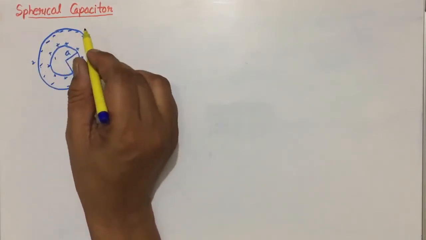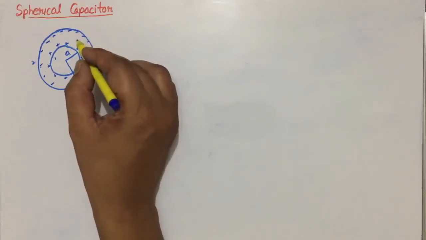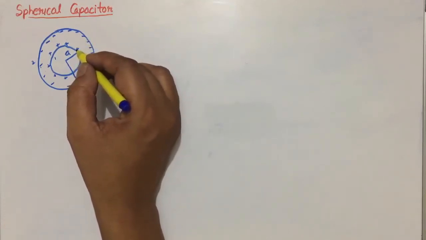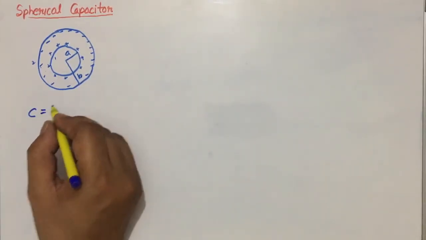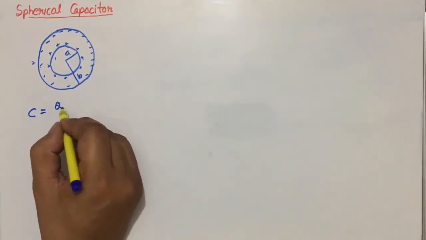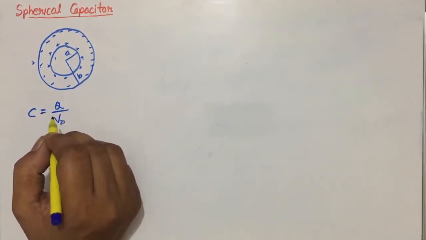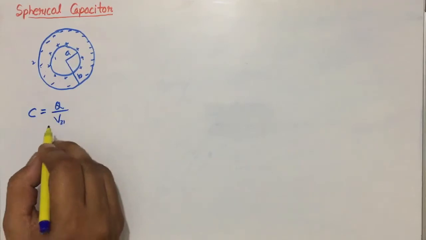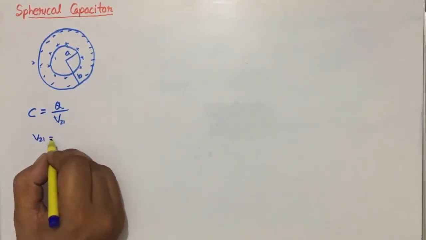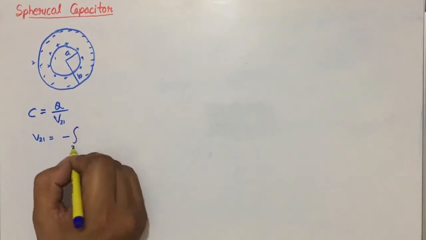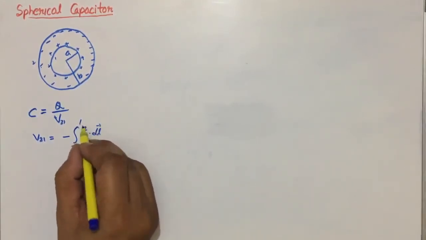This is the case, and if we wish to find the capacitance, then C can be written as Q by the potential difference, and to find the potential difference we know the same formula as we have done earlier, E dot dl.